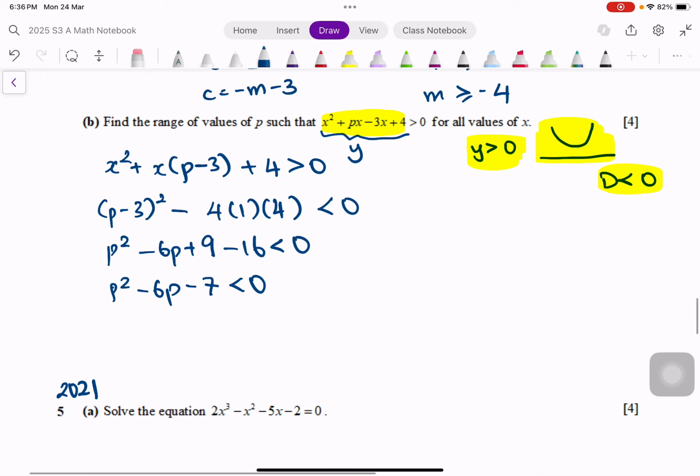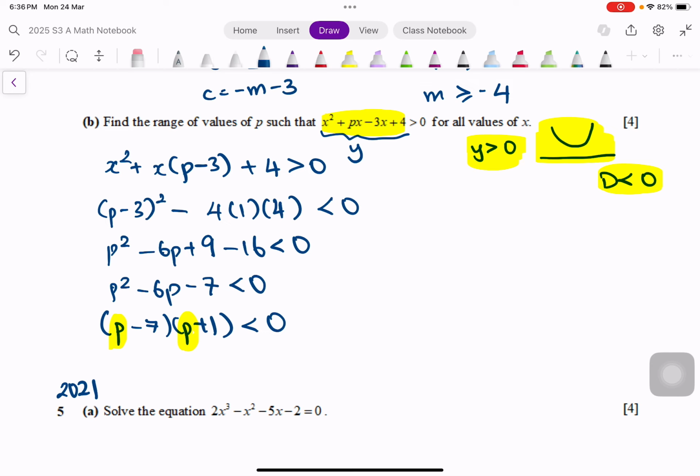Okay, then after that, from this step here, I will do my factorization. Now, from this part, I know that one of them, my p, must be 7. From here, my p must be negative 1.